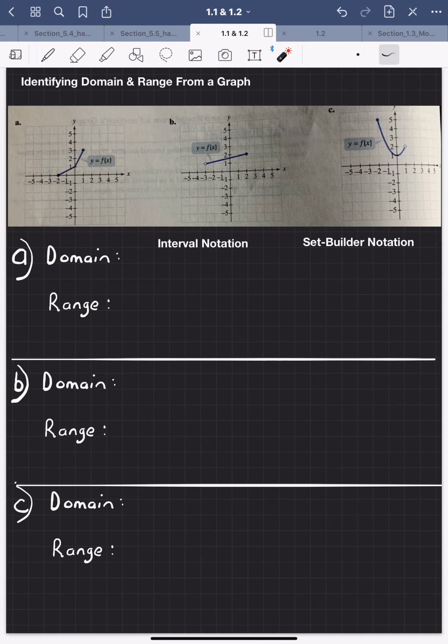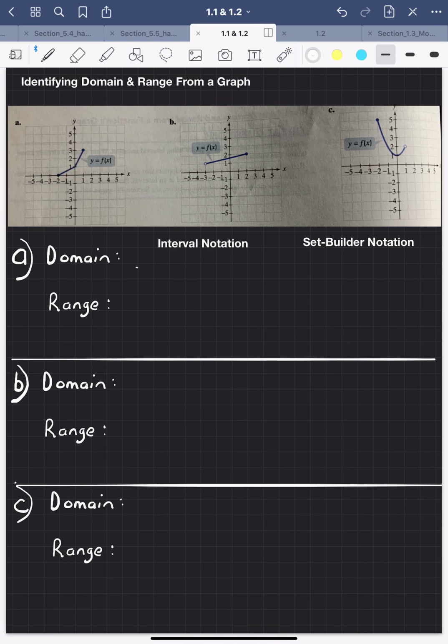The graph starts here, and if I move along the x-axis, it stops here. So I need to be able to list all of those x values between those two numbers. And how do I do it? Well, this is how we'll do it.